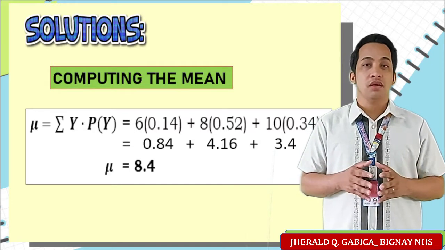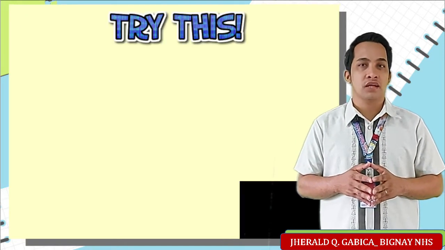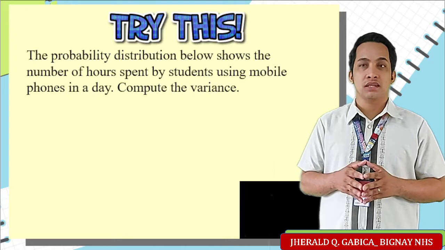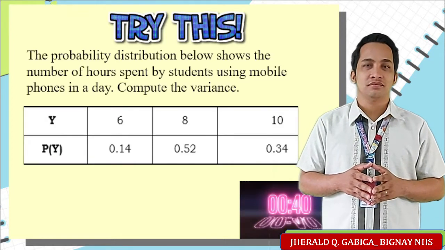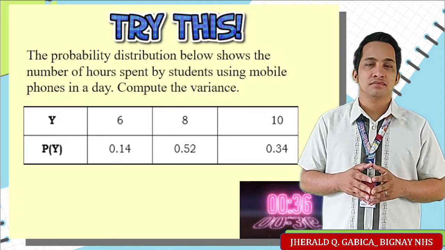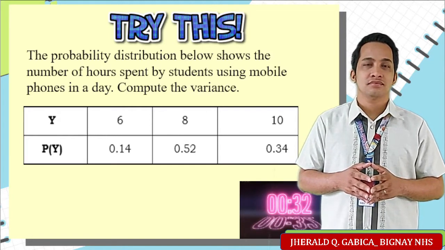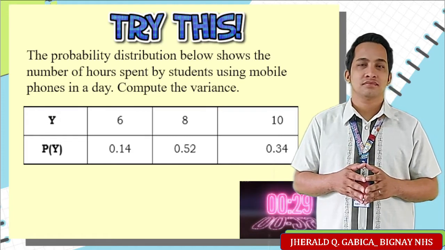Now, using the same given, you have 40 seconds to compute for the variance. Your 40 seconds starts now. T minus 40 seconds. T minus 30 seconds.